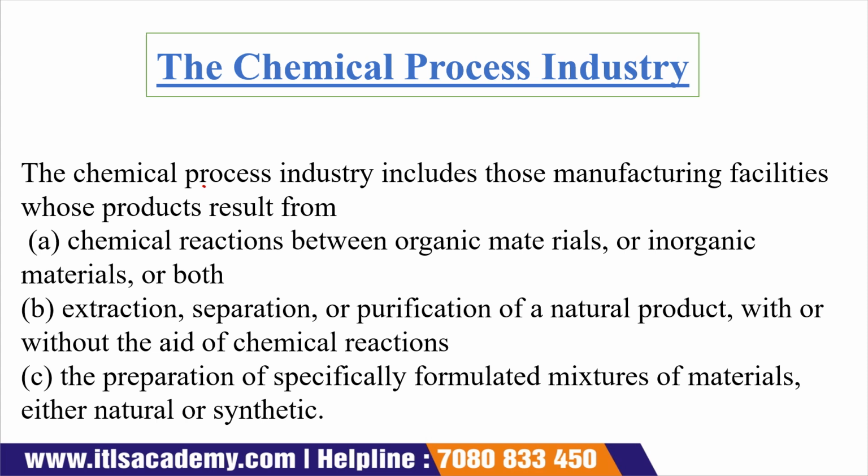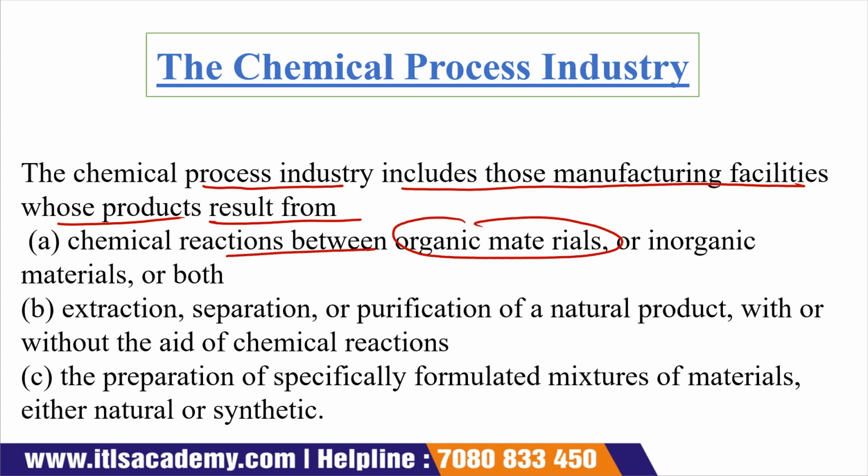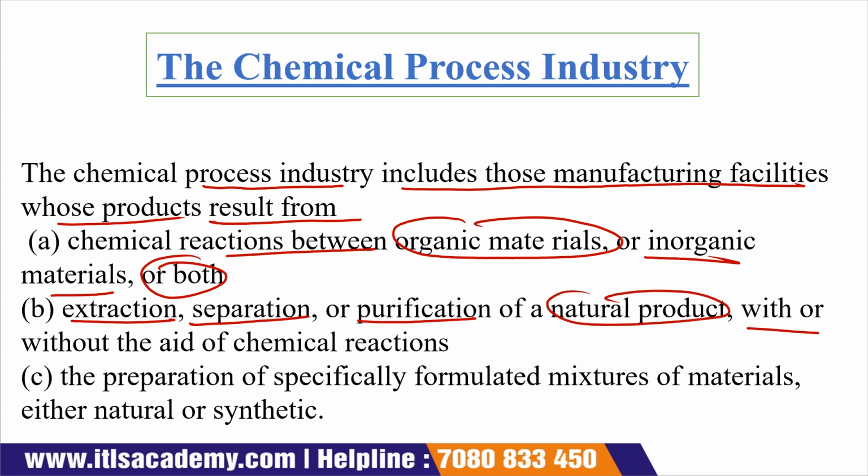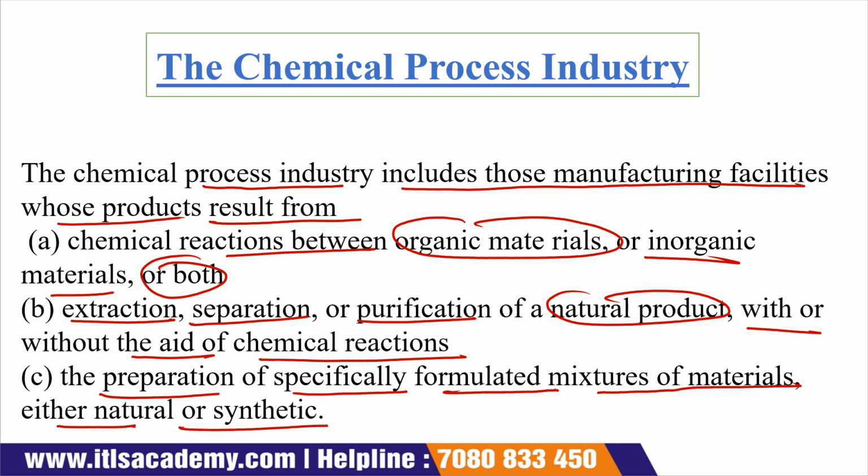The chemical process industry includes those manufacturing facilities whose products result from chemical reaction between organic material or inorganic material, or both; extraction, separation, purification of a natural product with or without the aid of chemical reactions; the preparation of specially formulated mixtures of materials, either natural or synthetic.